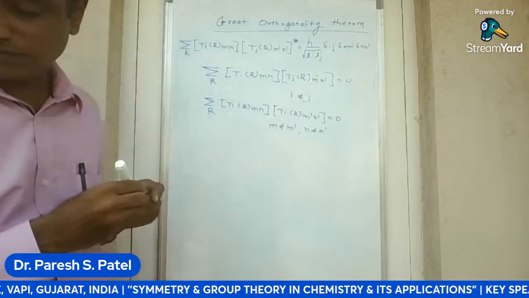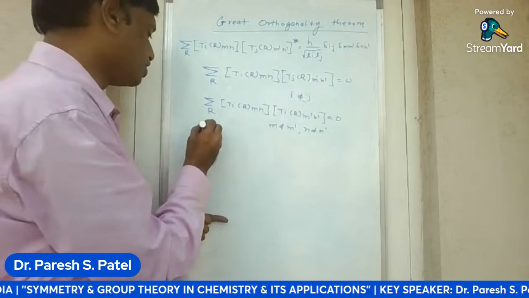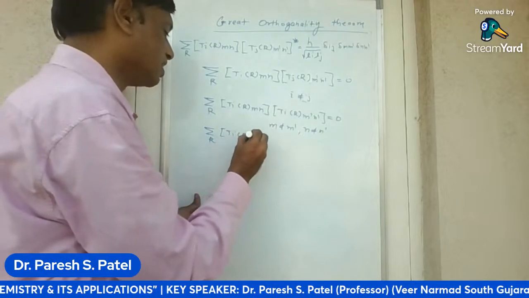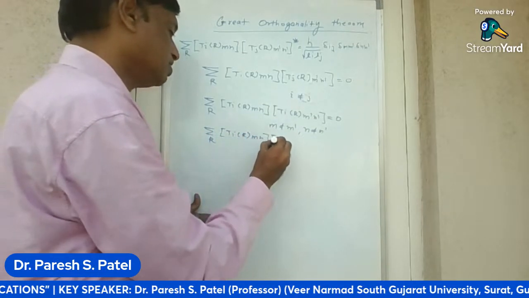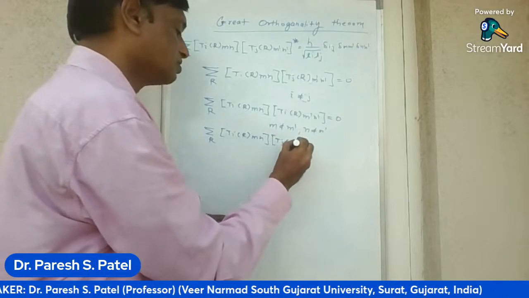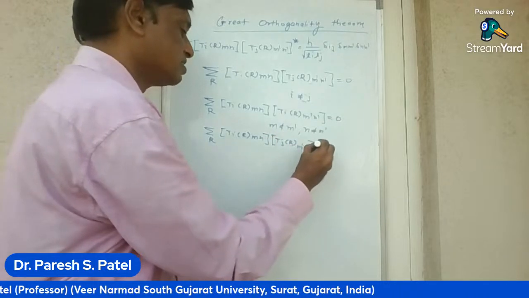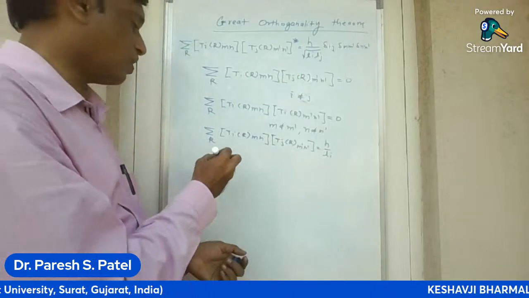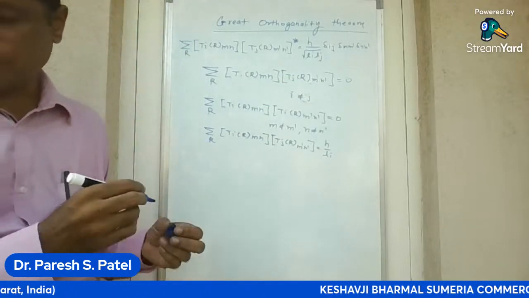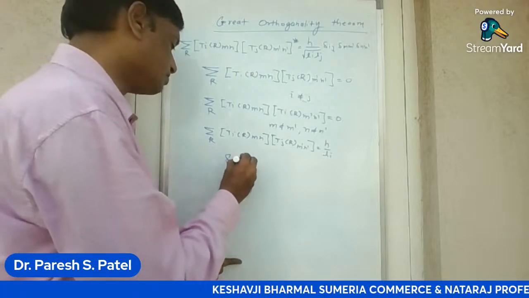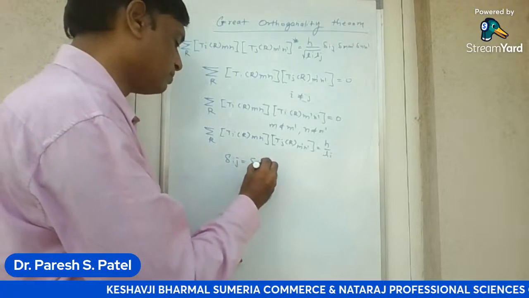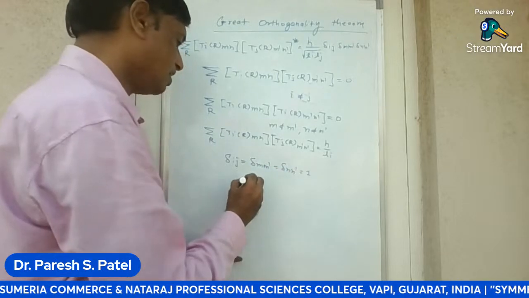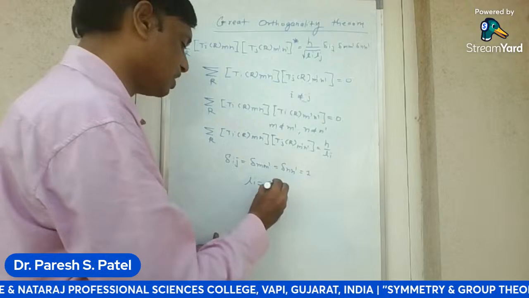And the third one is the summation over R of Γi(R)mn Γj(R)m'n' is equal to h by li. This is possible only if delta ij, delta mm', and delta nn' are equal to 1, and the value of li is equal to lj.